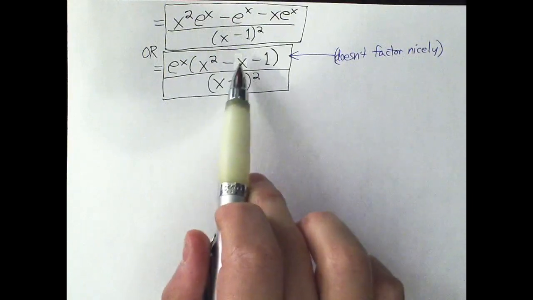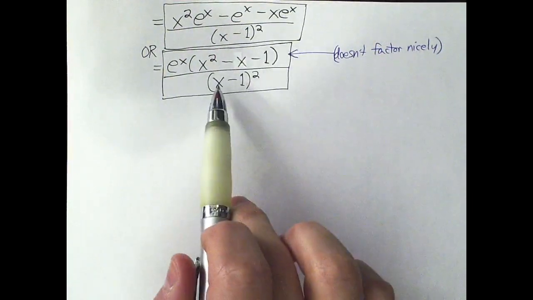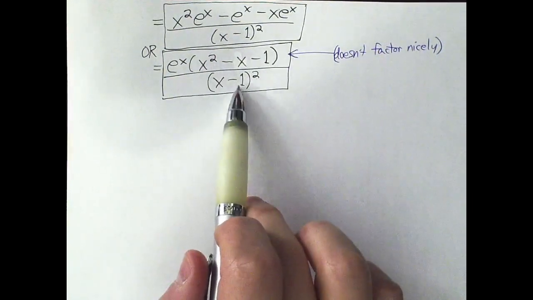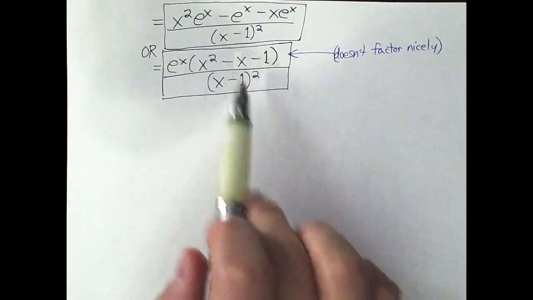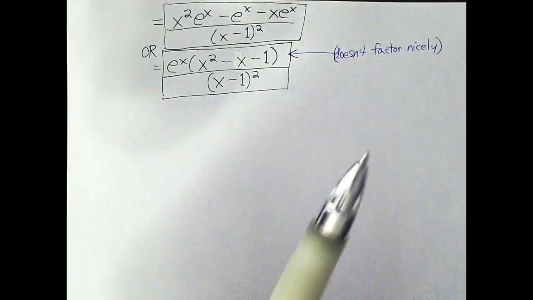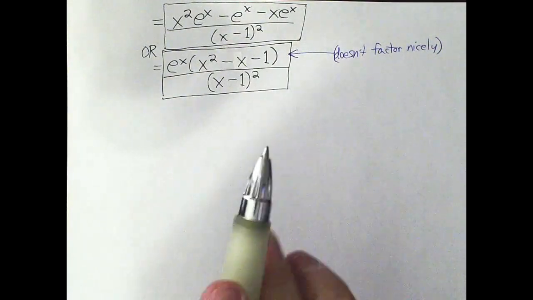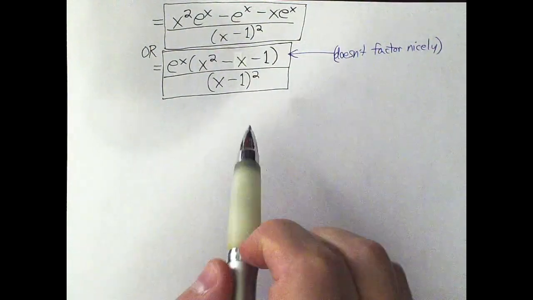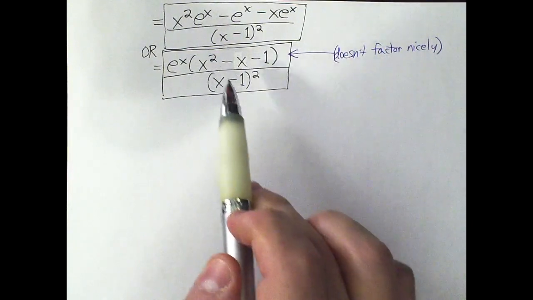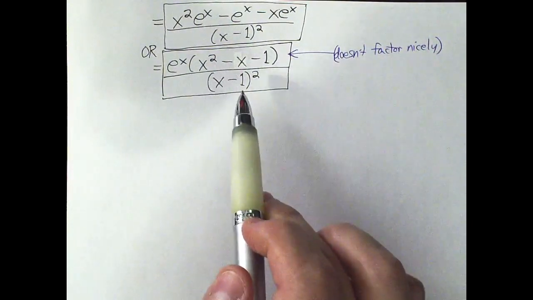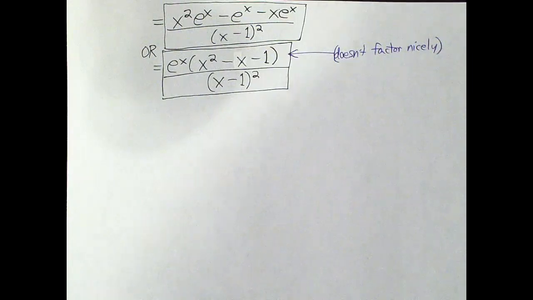If this factored into x minus 1 times something, then we'd have an x minus 1 over this and we'd be able to do some canceling, and that would be really nice. That sort of happened in the previous problem with an e to the x canceling. So I was hoping that we would get an x minus 1 to cancel, but we don't, so we just leave it. So that was the biggest problem we did today. We had to use both rules.